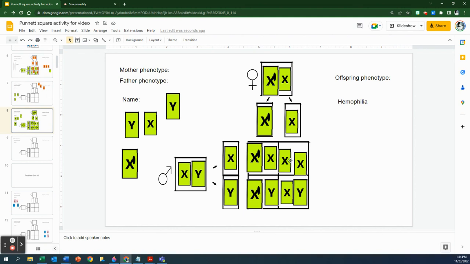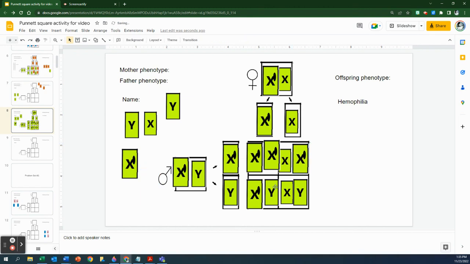Now, for women to have hemophilia and or color blindness is much harder because both X's need to be broken, which means you need to get the gene from both your mother and your father. So in this particular case, if the father, for example, had hemophilia, so his little X would be dragged along here too.